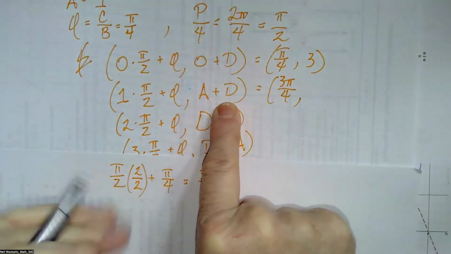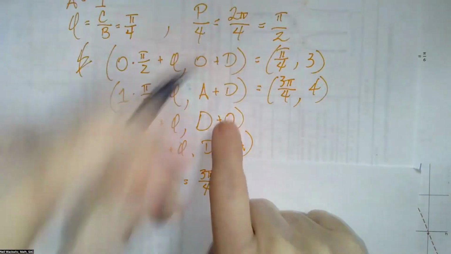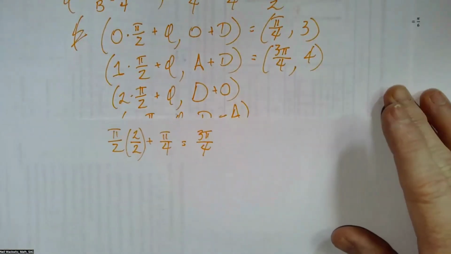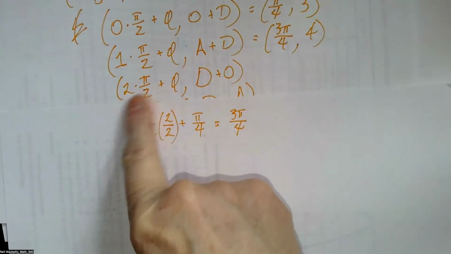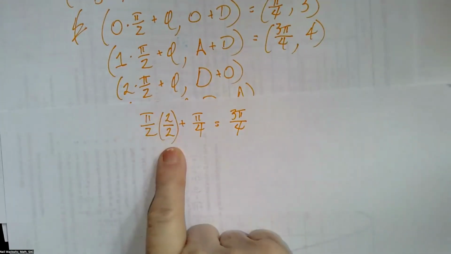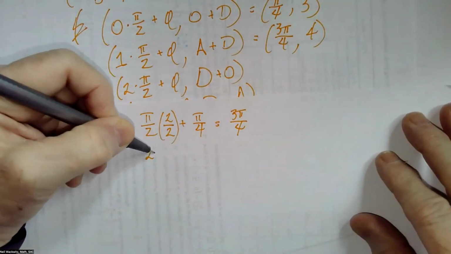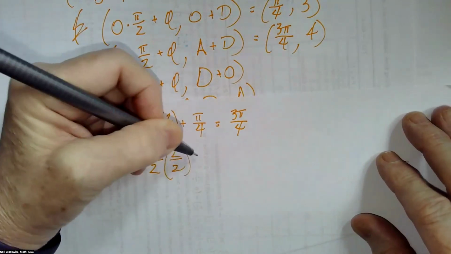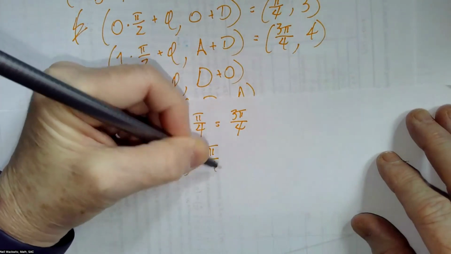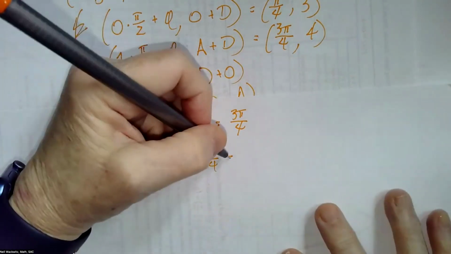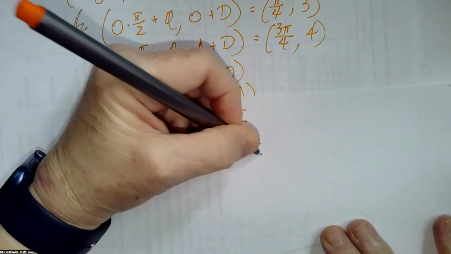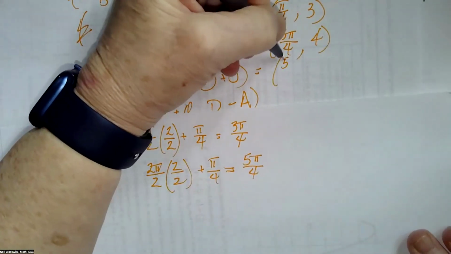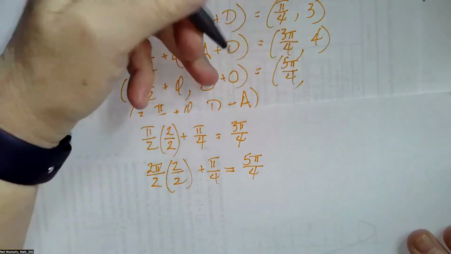One plus 3 is 4. We're not going to reduce so that we can use the same pattern. So we have 2 pi over 2 times 2 over 2 plus pi over 4. That's 4 pi over 4.